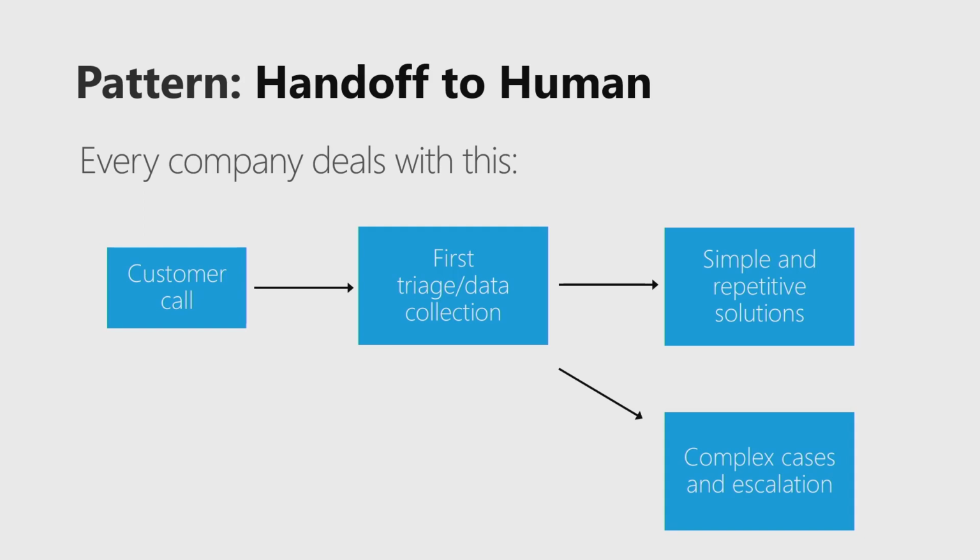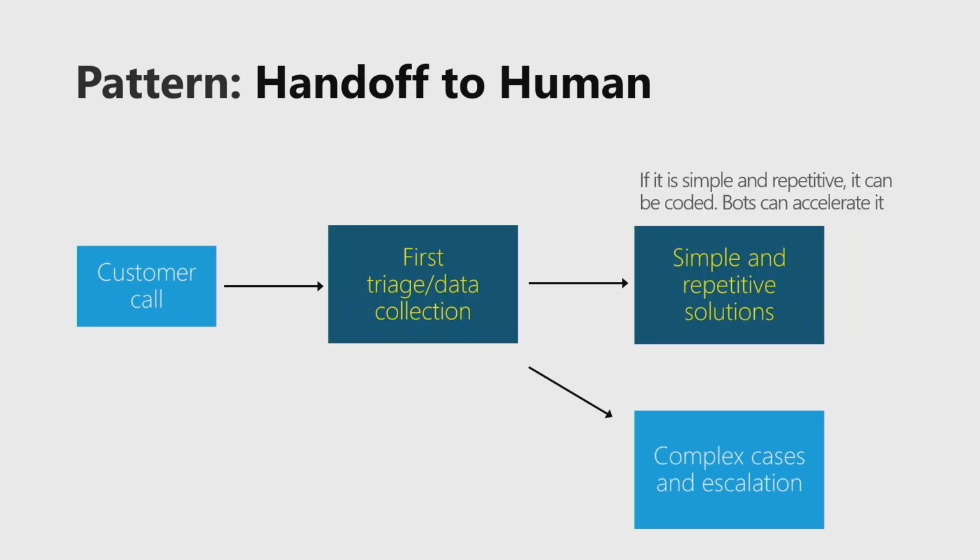And so on. Normally this data collection is repetitive, so it can be automated. But there might be some complex cases that need some human interaction or some escalation. Since these simple questions are repetitive, they can be coded. They can be included in the bot part.